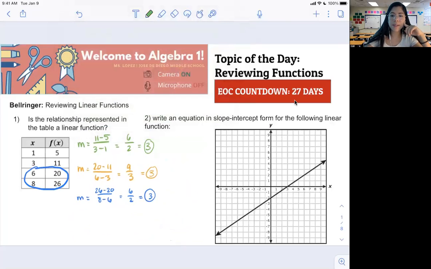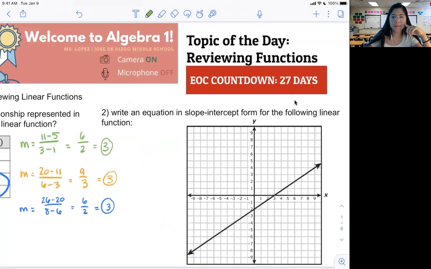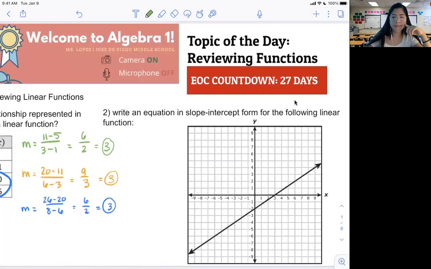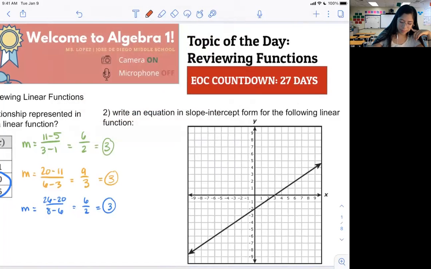Where's my y-intercept? On the y-axis, but what is it? -2. Good. So b is -2. There's my y-intercept. Now I need another perfect point in order to find the rise and run.